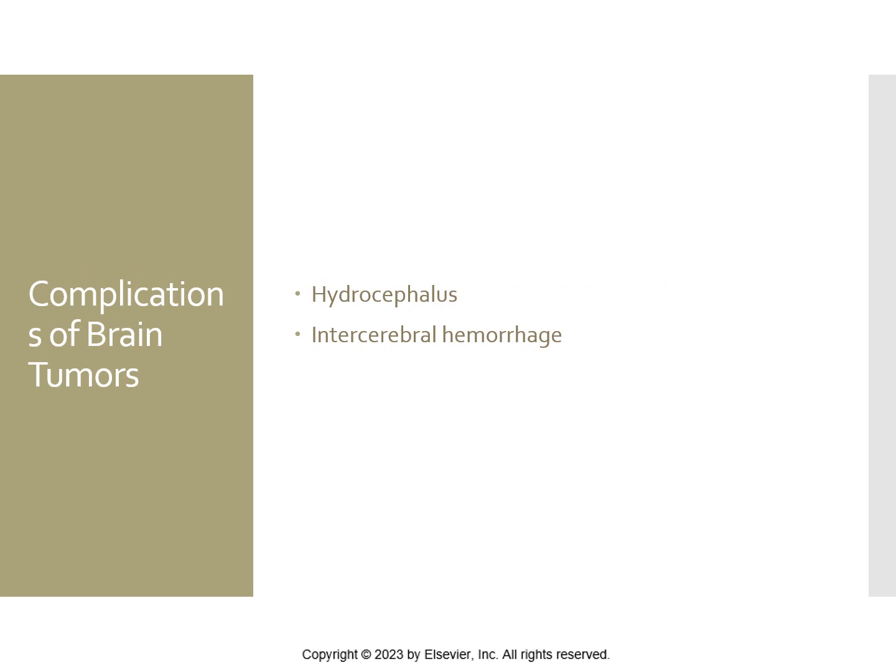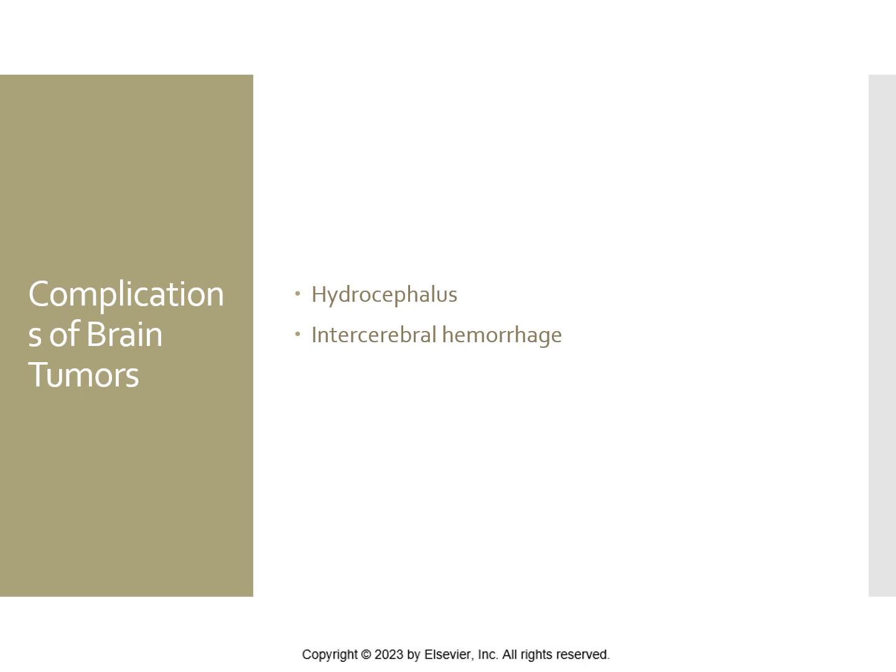Complications include hydrocephalus. This is the obstruction of CSF flow and could require placing a shunt to reduce CSF pressure and prevent increased ICP. A shunt is a tube placed in a ventricle of the brain and attached to a valve system that opens when the pressure from fluid rises to drain the excessive CSF from the ventricles to the peritoneal cavity or into the atrium of the heart where it can be reabsorbed.